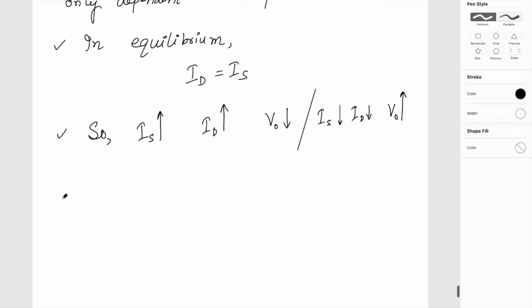So lastly, in this discussion, the drift current due to the holes is perfectly balanced by the diffusion current, again due to the holes. And the drift current due to the electrons is perfectly balanced by the diffusion current due to the electrons. So this is the conclusion of this discussion.